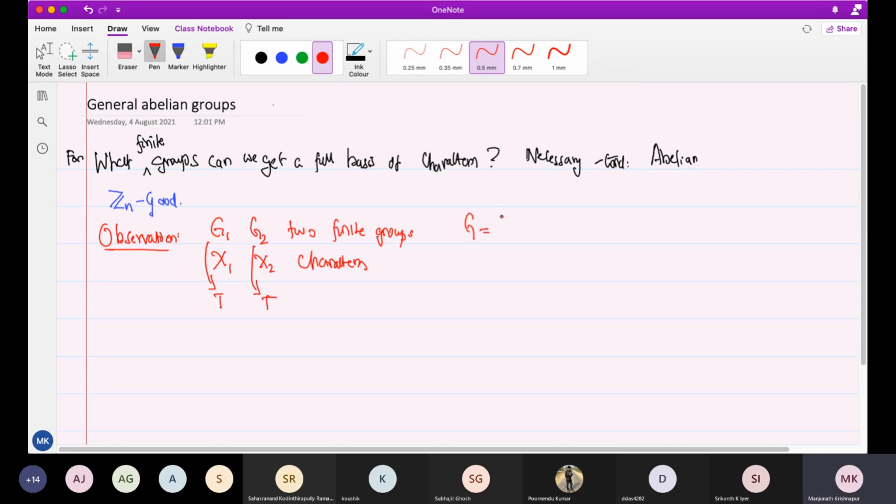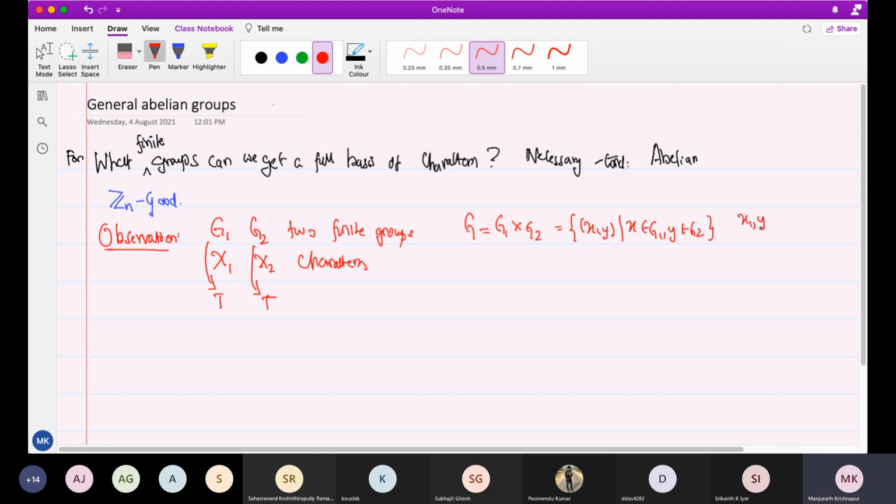Now I can form the product group G1 cross G2. This is just all pairs, the direct product, with the operation done element-wise.